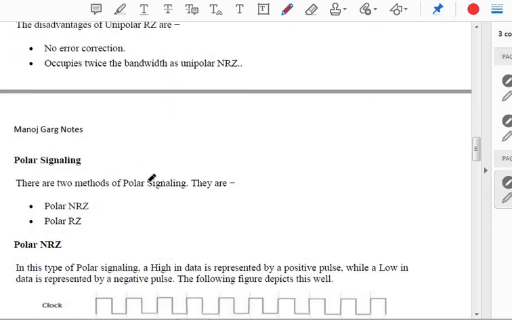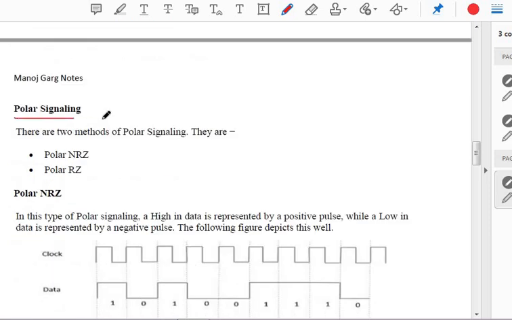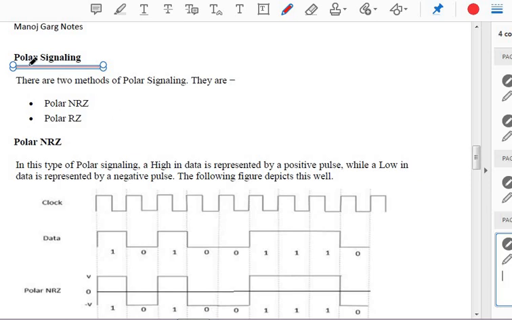Now the next type of coding is polar coding. In polar coding we use two voltage levels, positive voltage or negative voltage. Bit 1 is represented by high voltage and bit 0 is represented by negative high voltage.